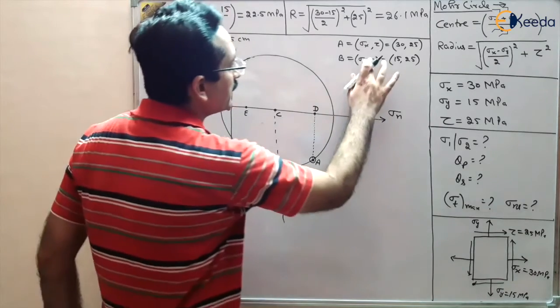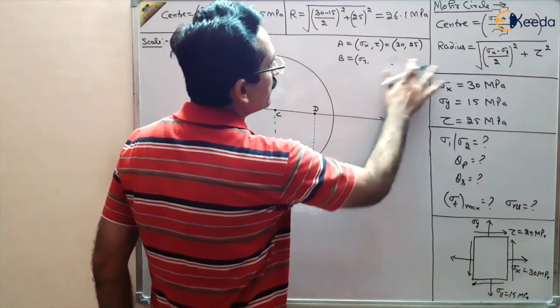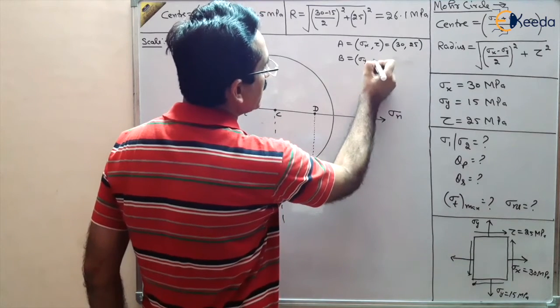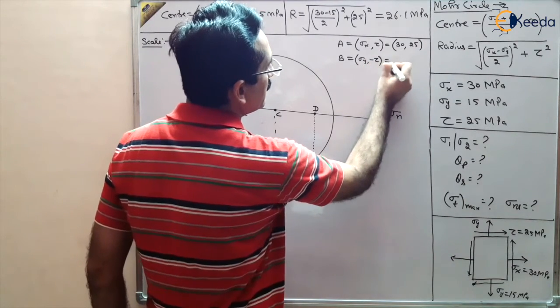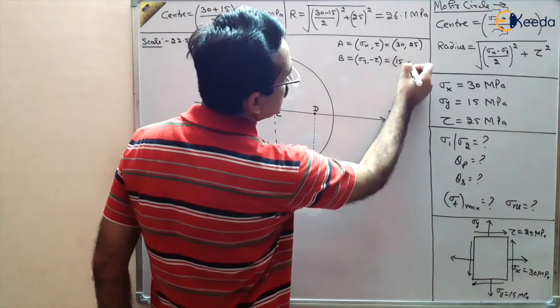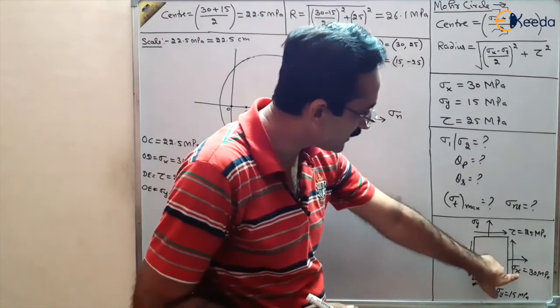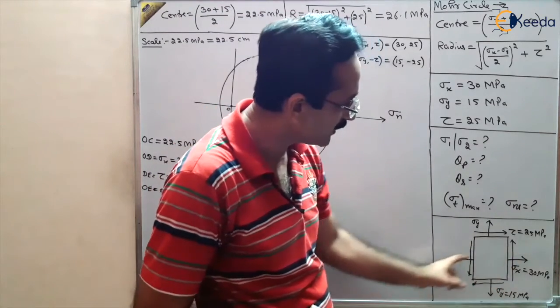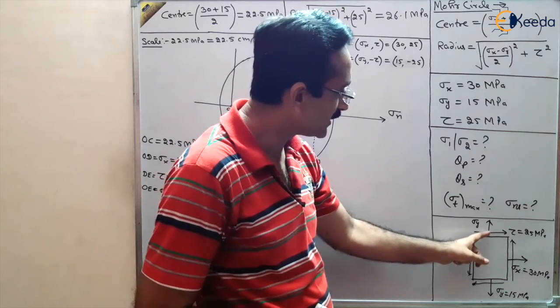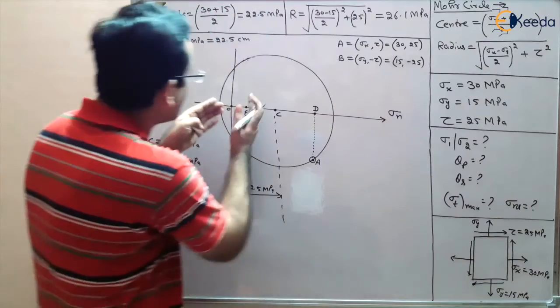Keep in mind that at point B the shear stress is negative, because if on one axis it is positive, then on the other it will be negative. So here you will get the negative shear stress, minus 25, because at the sigma x plane it is positive, making a positive couple, which is a clockwise couple that we take as negative, so tau will be negative, and we take upward as negative.